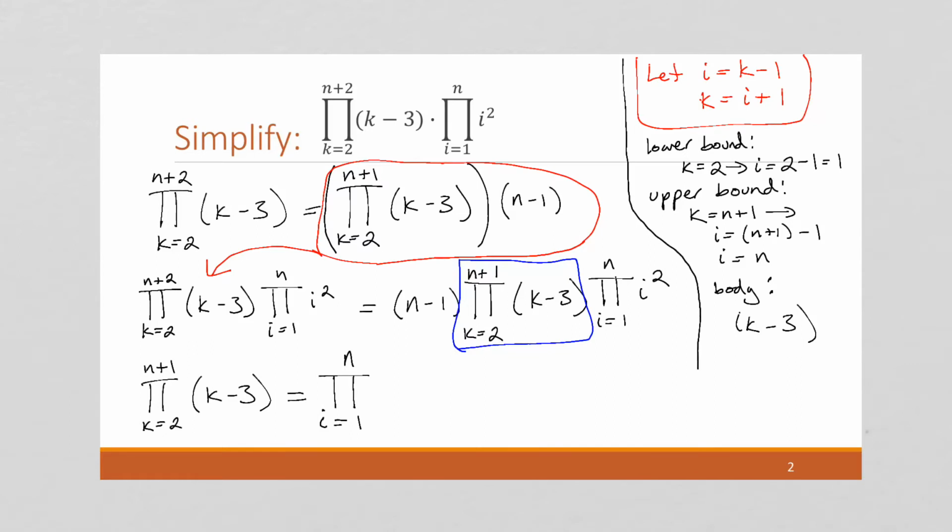So I'm going to say, well, if k is i plus 1, then this is going to be i plus 1 minus 3, or i minus 2. Okay.